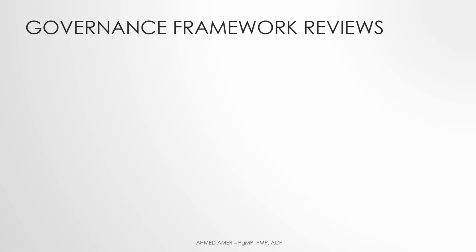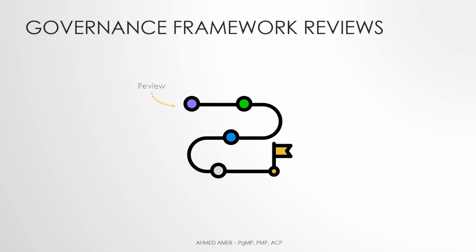Now let's jump to governance reviews. The governance framework supports reviewing programs at key decision points throughout the program lifecycle. These reviews take place when a major part of the program begins or ends, allowing governance to decide whether the program should move forward to the next phase. It's safe to tie these events with program milestones and or phases.